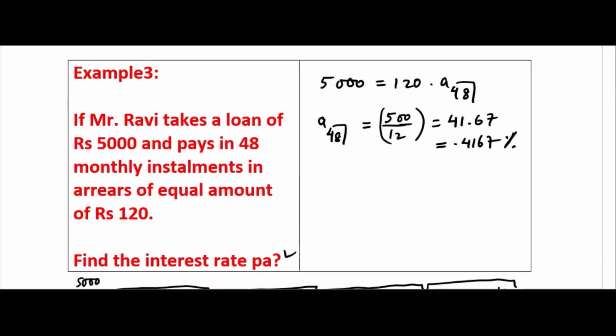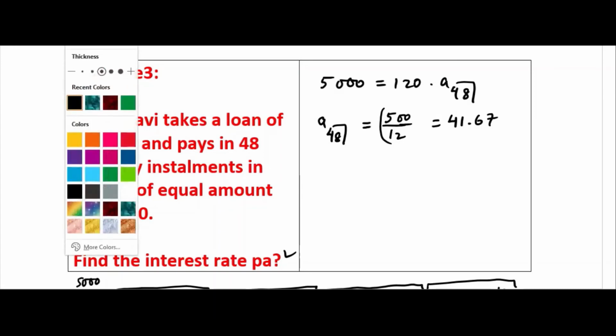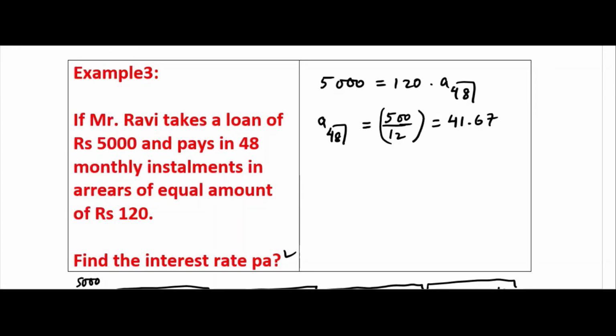So we know A48, okay, but we don't know I. Sorry, I was diverted. Okay, A48, we are not finding I. So I we need to find from this equation. We'll check if there is a possibility that we can find I. We'll see the actual table.